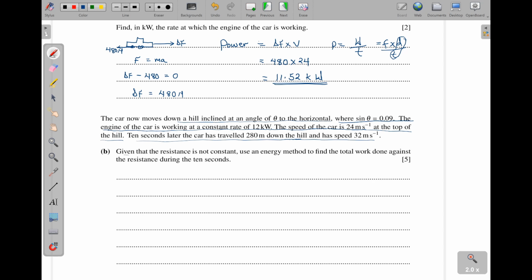Part B, given that the resistance is not constant, use an energy method. So strictly they want the energy method to find the total work done against the resistance during the 10 seconds.